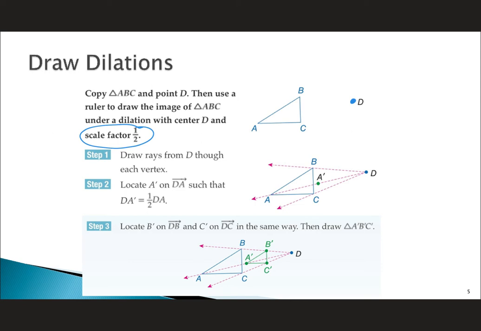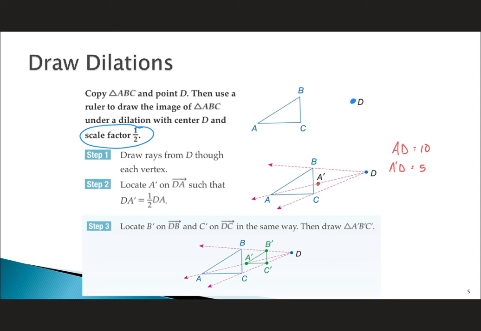And sure enough, as you can see in this image, you have AD right here. But then when we multiplied whatever that distance is, okay, call it 10. We can pick any number we want. But let's just say the distance between AD was 10. That means A prime to D is going to be 5 because you multiplied it by 1/2, and that's how the point A got closer.